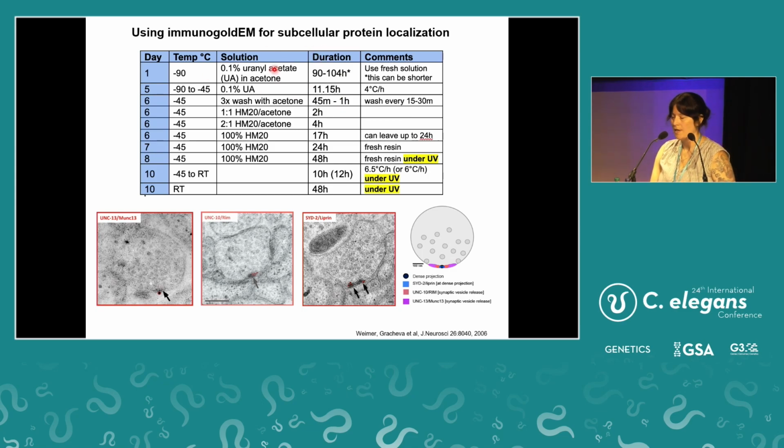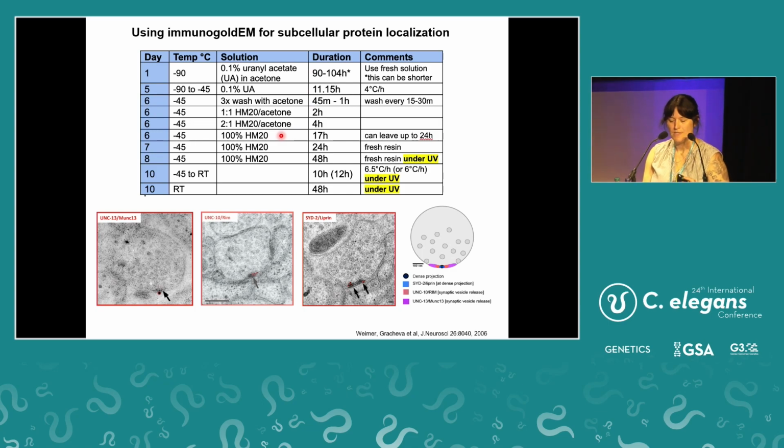Instead of tannic acid and osmium, we used uranyl acetate. And then we embed these in HM20, which when it polymerizes, is clear. And the worms are fairly clear.